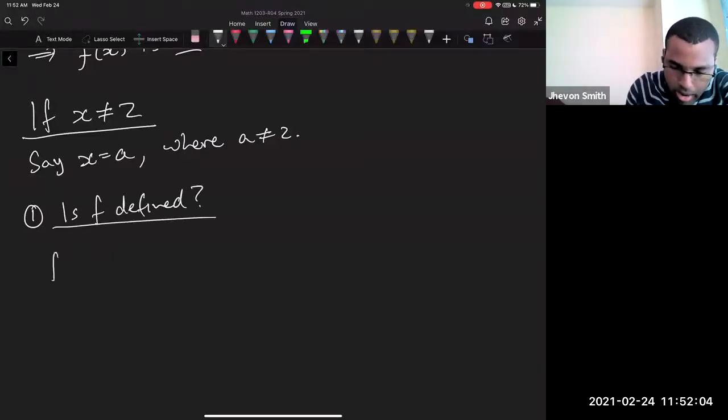Well, my f of a would be a squared minus 4 over a minus 2, and where a is not 2, this is not 0. So this is just some fraction. And so what I can do is I can treat it like a fraction. I can factor stuff, cancel stuff.